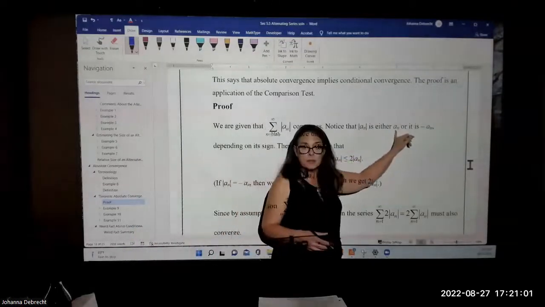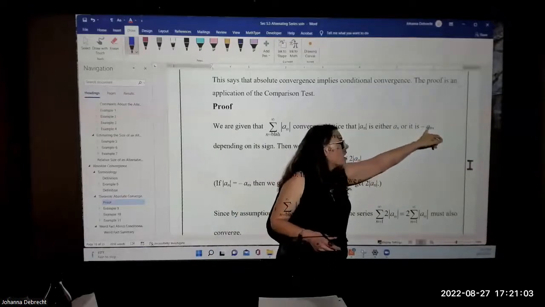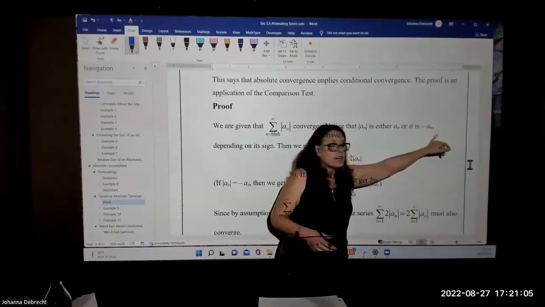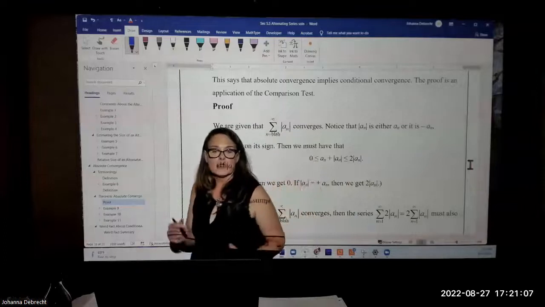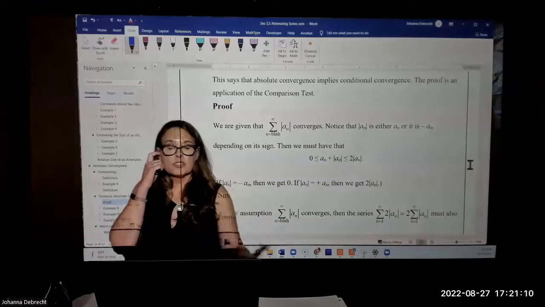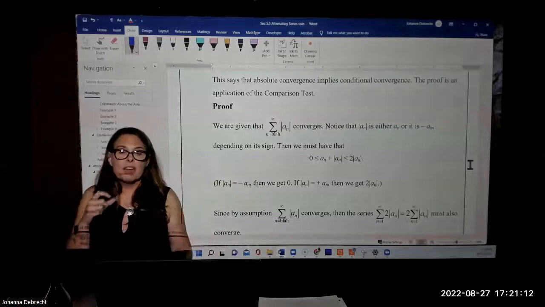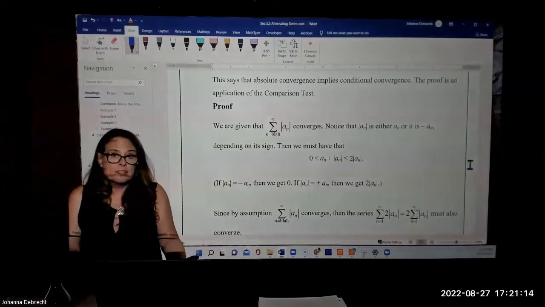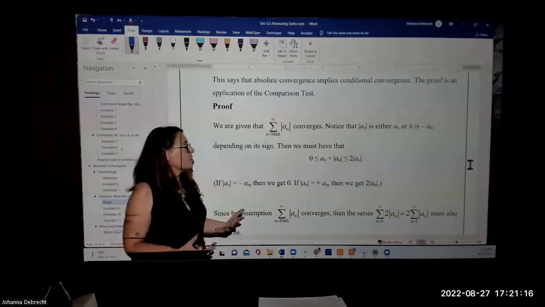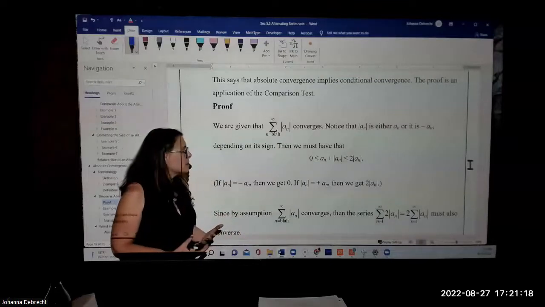So either a sub n is already positive, or it's the opposite of a negative a sub n, and that would make it positive. Basically, this is just the definition of the absolute value. It's either the number or it's the opposite of the number. So either the terms are a sub n or they're negative a sub n.